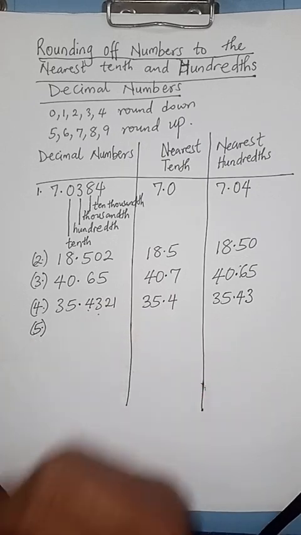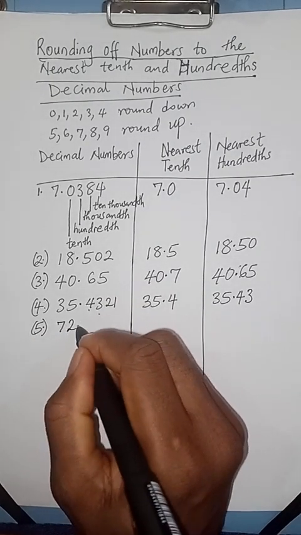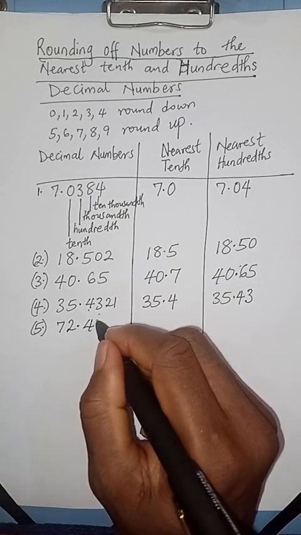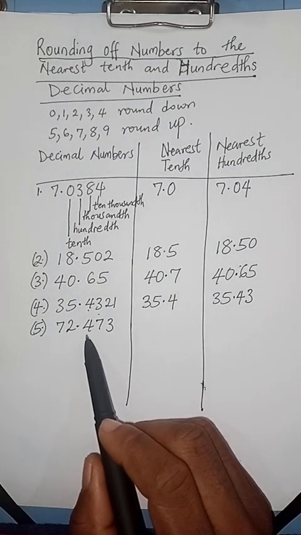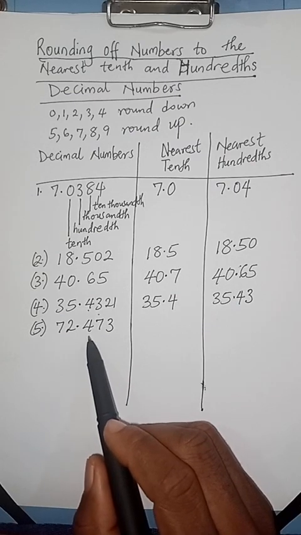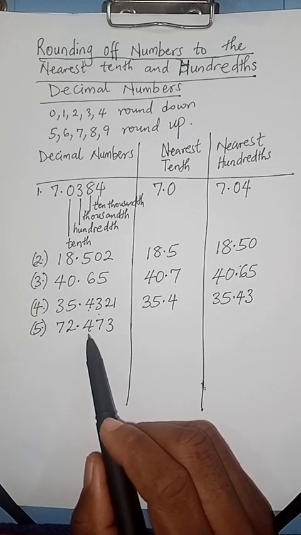Number 5. If I have 72.473 to the nearest tenth, this is my tenth. I'll check the digit after the tenth. It is 7, which means I'm going to round up by adding 1 to the tenth.